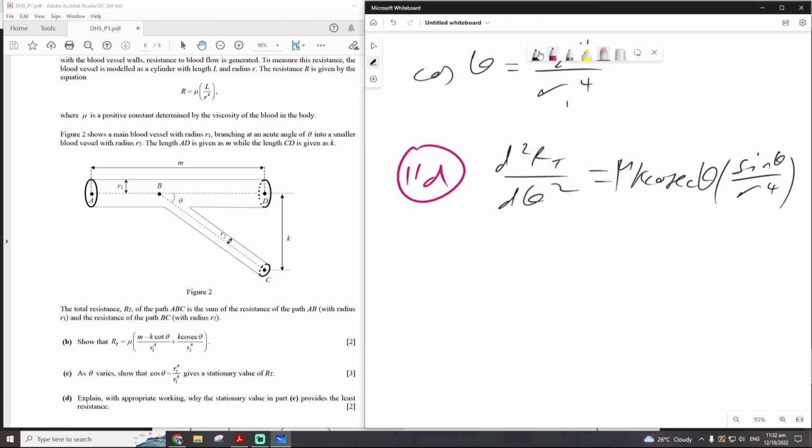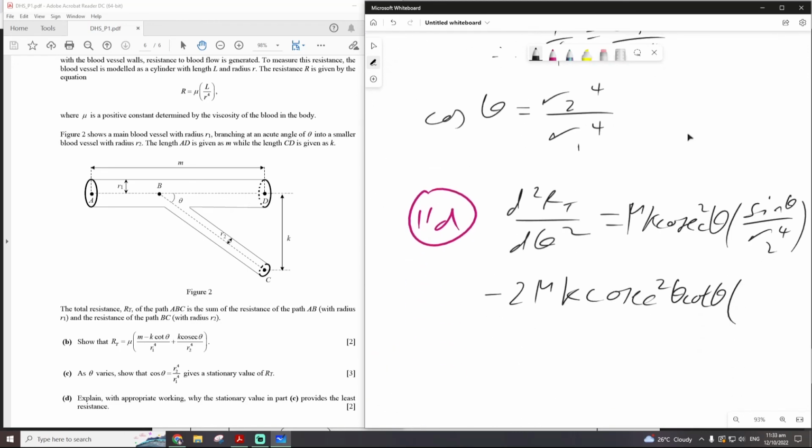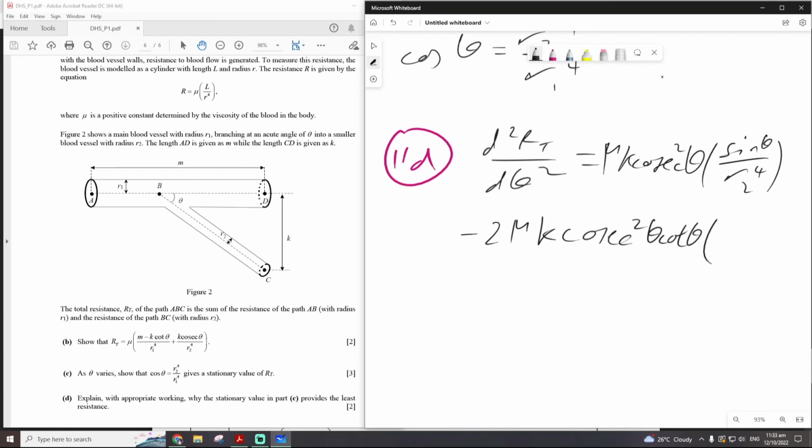Then we keep the other term and we differentiate cosecant square. When you differentiate cosecant square, you bring down the 2, differentiate cosecant, you will get negative cosecant cotangent. So you're minus 2 mu K cosecant square theta cotangent theta, then you bring down that whatever thing, 1 over R1 power 4 minus 1 over cosine theta divided by R2 power 4.